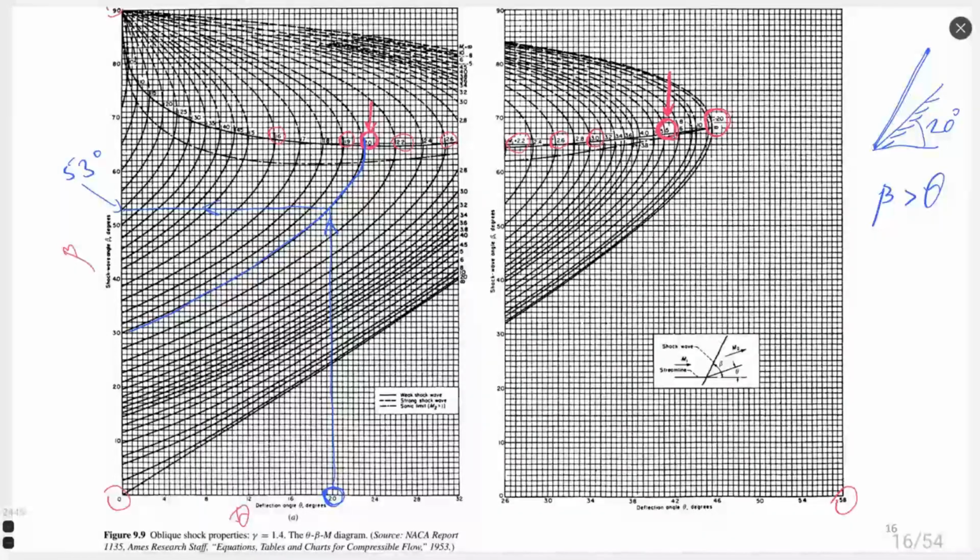The same thing we can do in the other direction. For example, I need to create a shock wave of some known value, say 40 degrees.